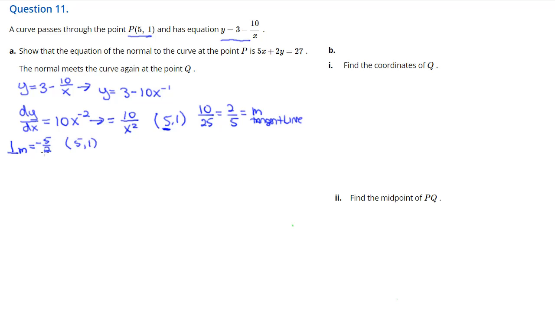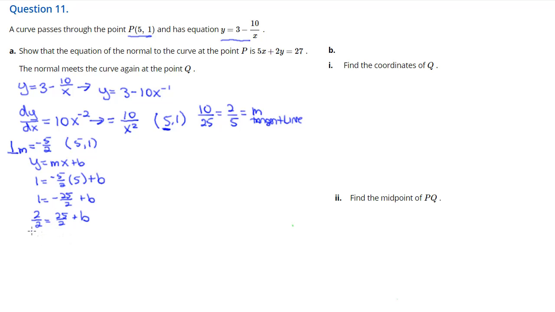The point is going to be (5, 1). So all we've got to do now is find the equation. We plug in to y equals mx plus b, and then we solve for b, and we find out that b is going to be 27 over 2.